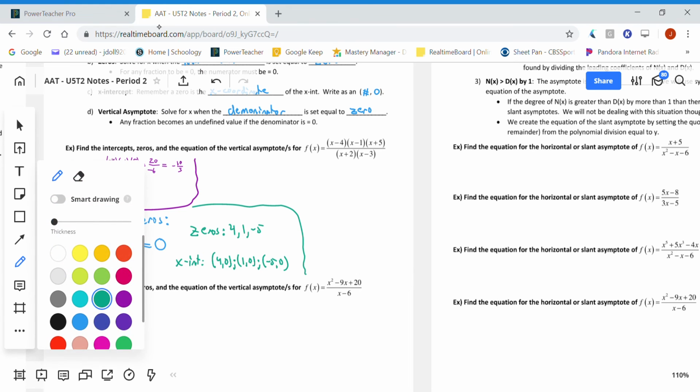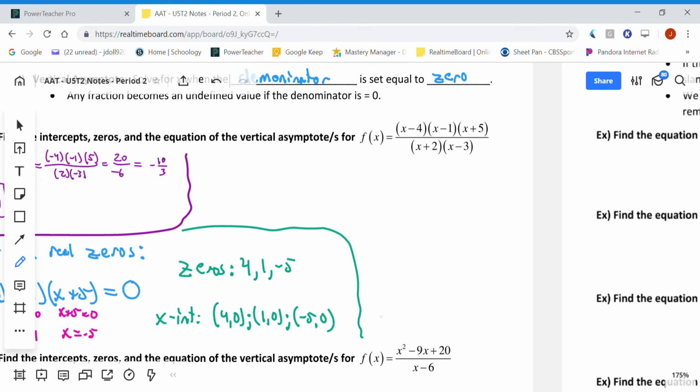The last thing we have to talk about here is the vertical asymptotes. We do the exact same thing we did to find zeros and x-intercepts, except instead of the numerator being set equal to 0, we take the denominator and set it equal to 0.